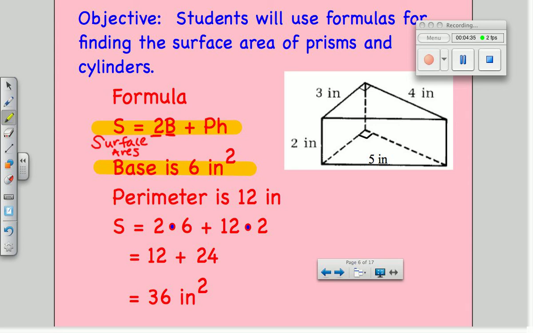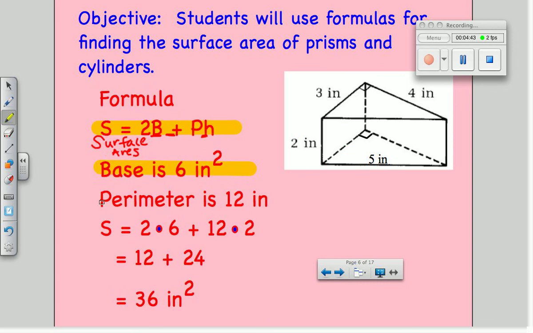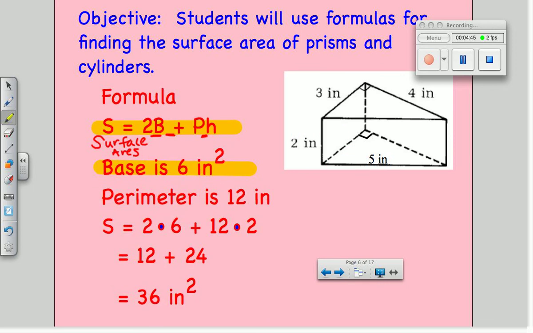Okay? And we take the perimeter of the base, which was 12 inches squared, and we multiply that by the height, which we can see here. The height of the whole thing is 2 inches squared. Okay?